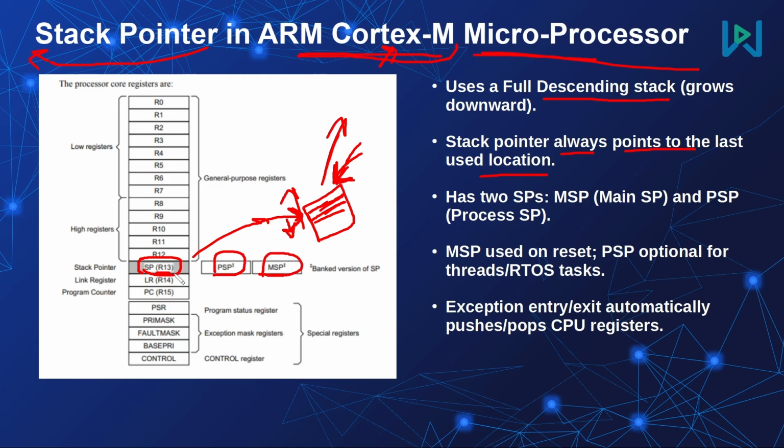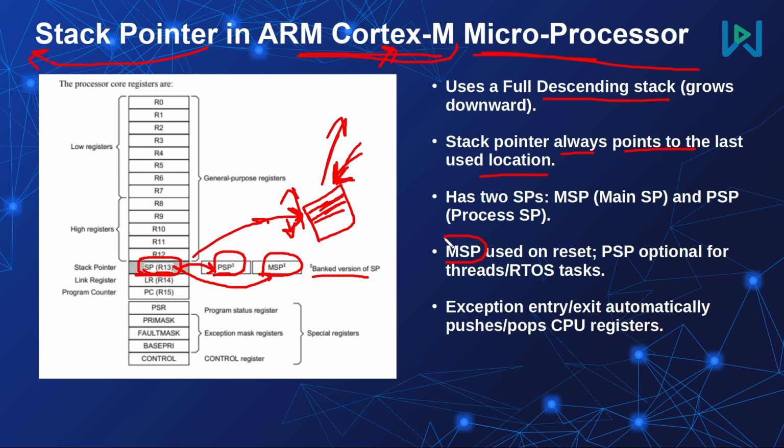This means that this generic stack pointer CPU register will be using the value from this process stack pointer or from this main stack pointer. This depends, of course, on your configurations and settings.